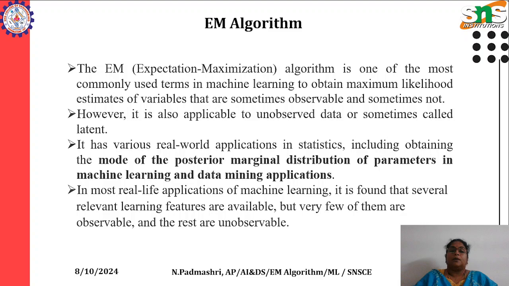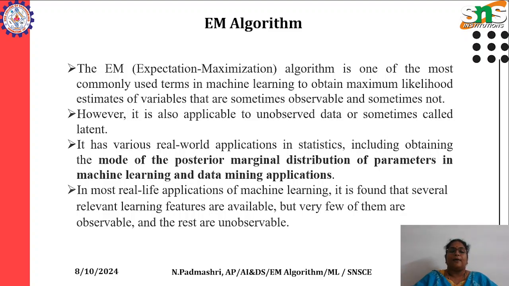So this area is very important, because like this only we are going to improve the performance of the machine learning algorithm. The EM algorithm helps with that, and has many real world applications in statistics, including finding the posterior marginal distribution of the parameters, both in machine learning and data mining applications.